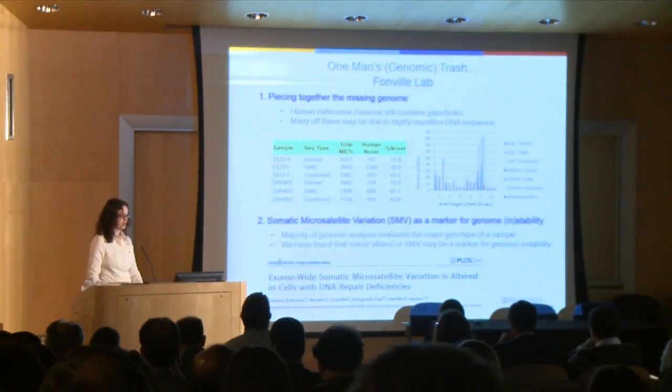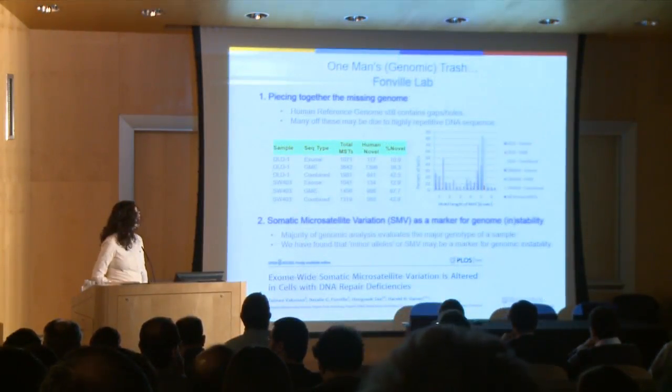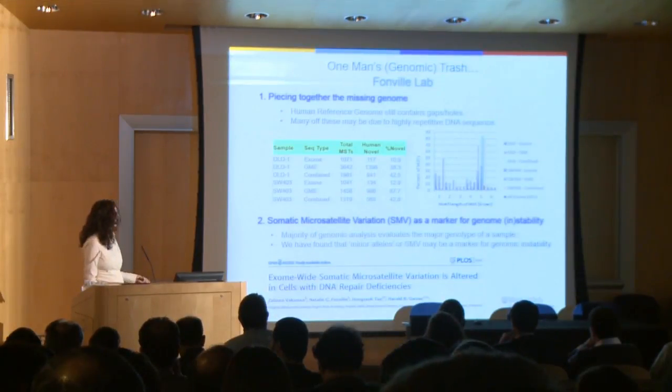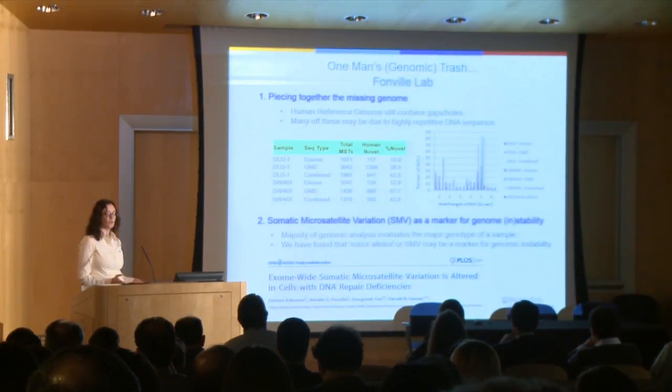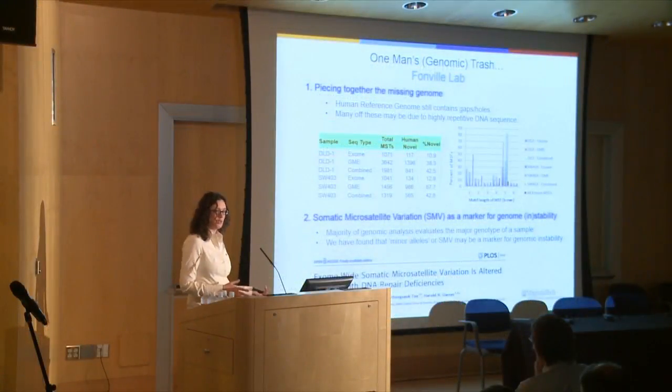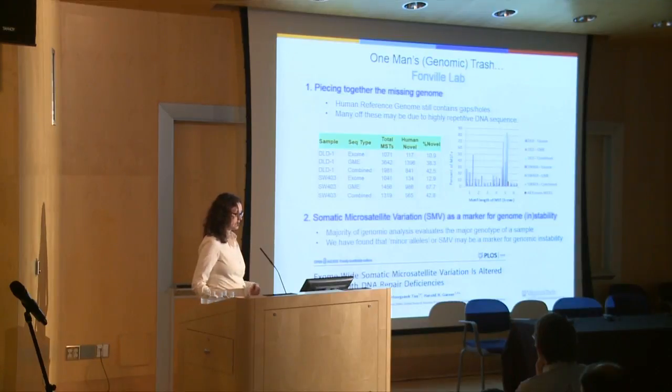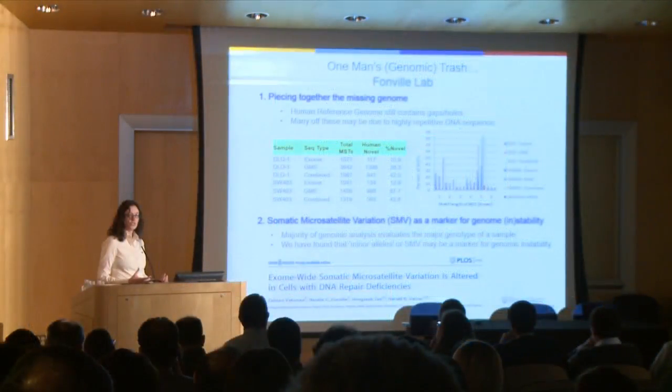One of the ways we're doing that is by looking through what goes into the unmapped reads from genomic and exomic data, and asking: can we start piecing together additional information from what's thrown into the trash heap, this unmapped reads basket?